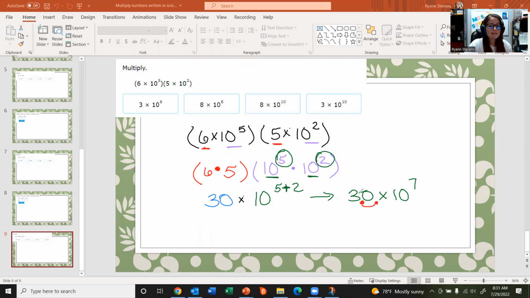Since we moved it to the left, this is where we're going to add 1 to our exponent. So if you move it to the right, you're going to subtract. If you move it to the left, you're going to add with scientific notation. So that's going to give us our answer of 3 times 10 to the 8th power, which would be this one right here.